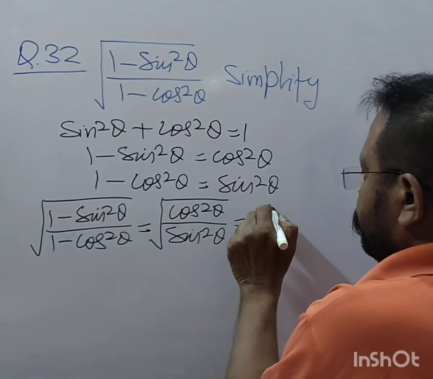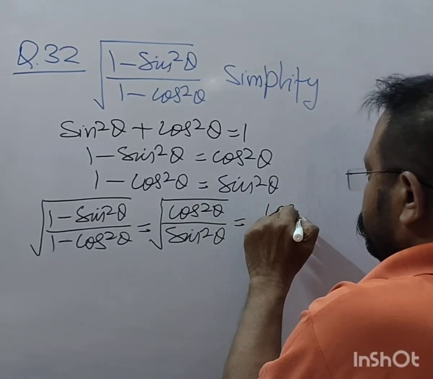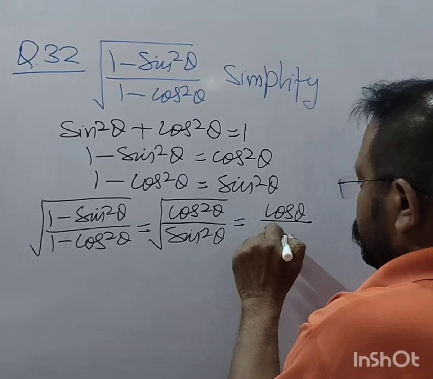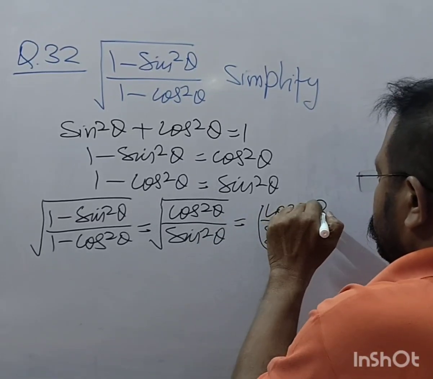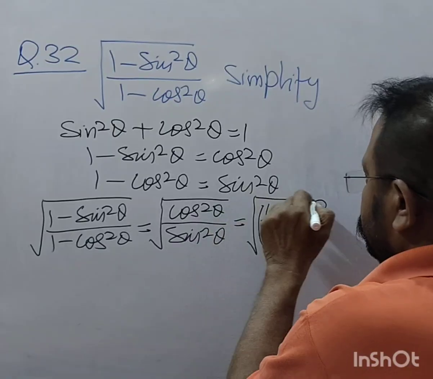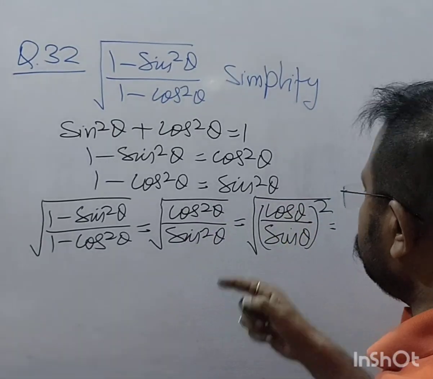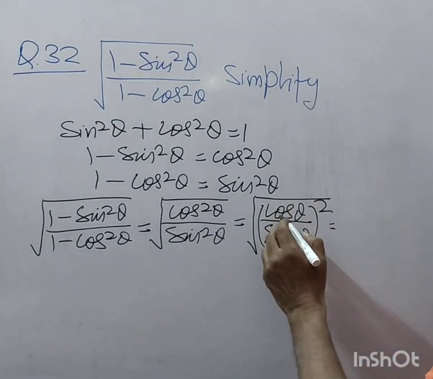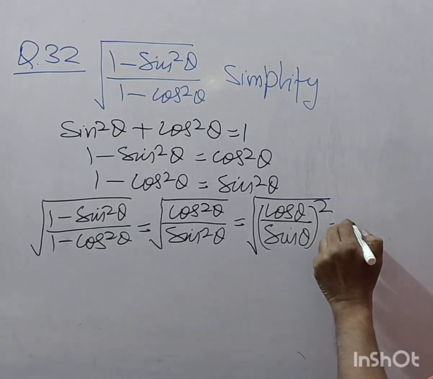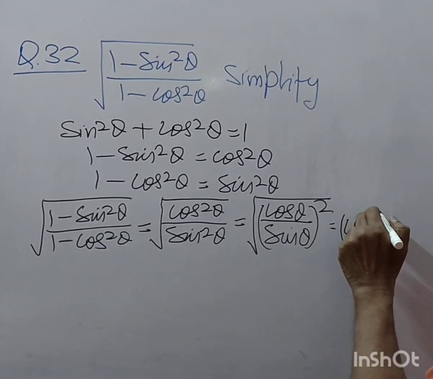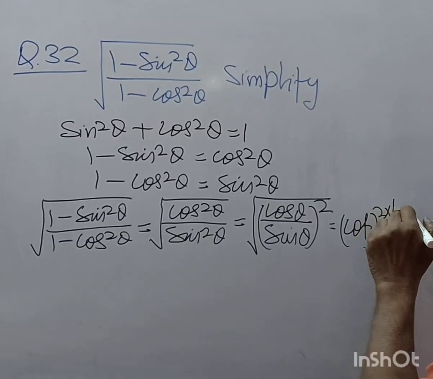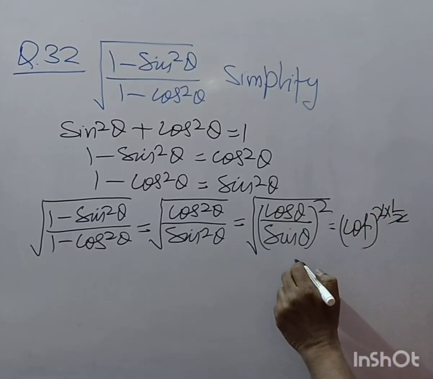We can write cos theta upon sin theta whole square, under root. Cos theta upon sin theta is equal to cot theta. Cot theta whole square, the 2 and 1 by 2 cancel out.